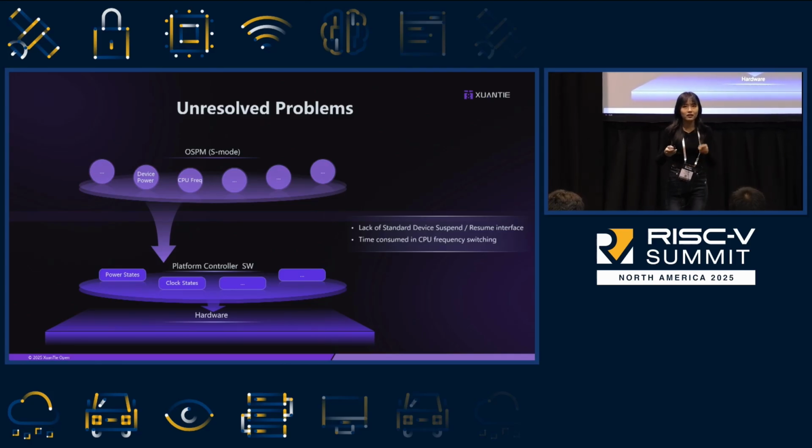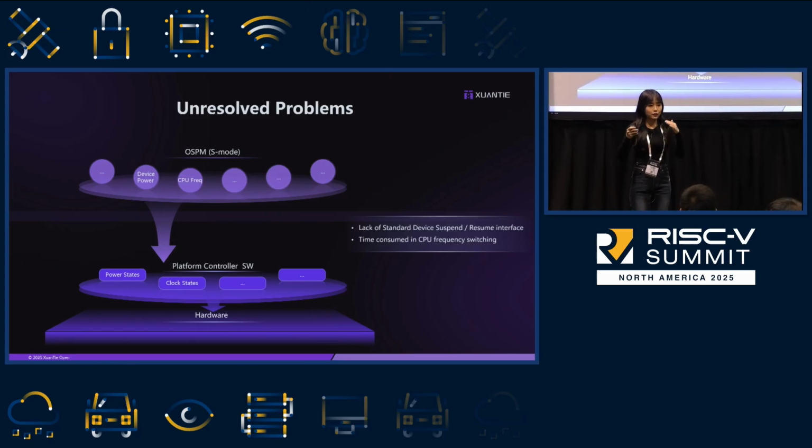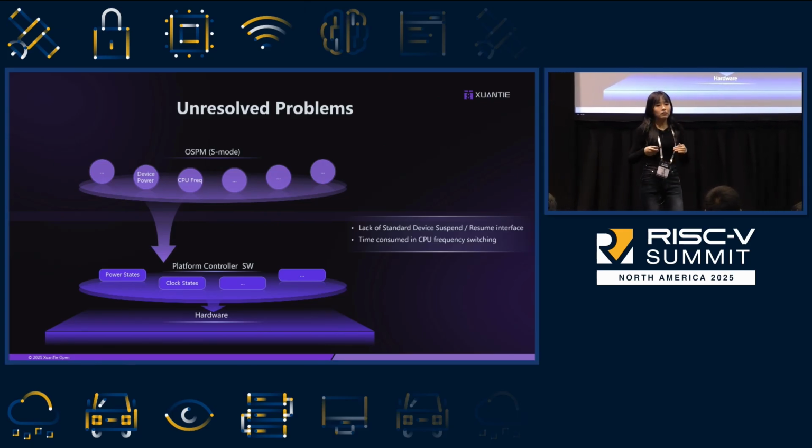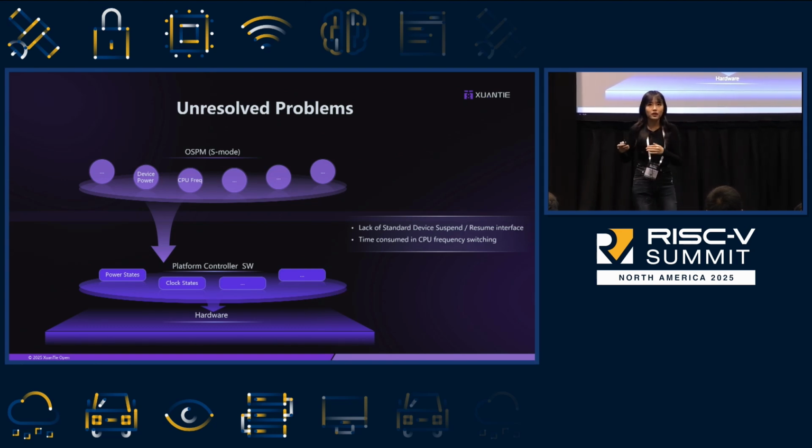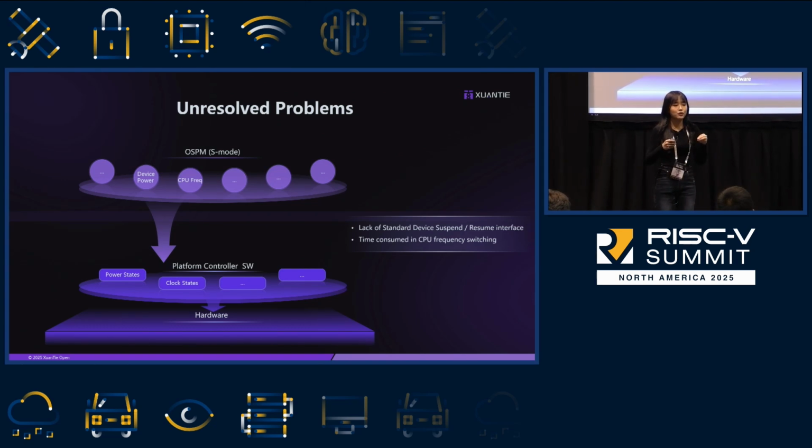And also, I didn't mention that much, the CPU frequency. When we suspend and resume, we want it to happen fast, right? So there was one more implementation that we have done during the procedure: we want the CPU frequency to stick on the faster one.